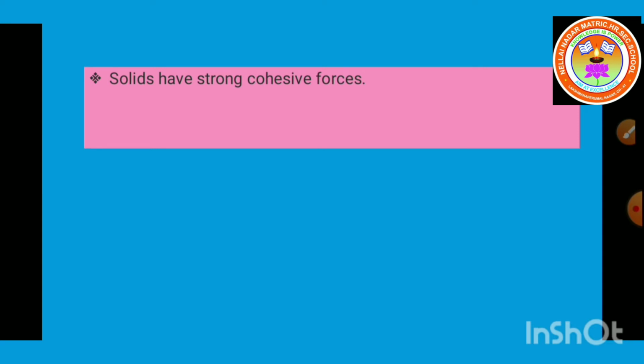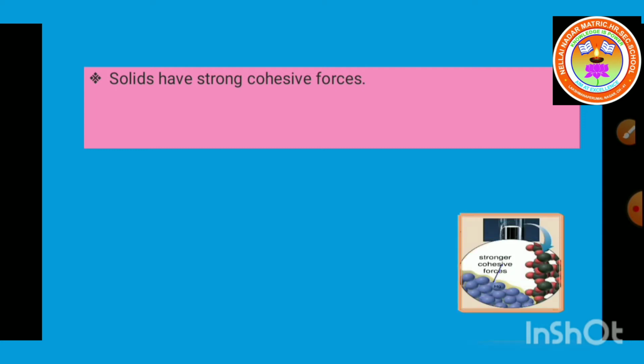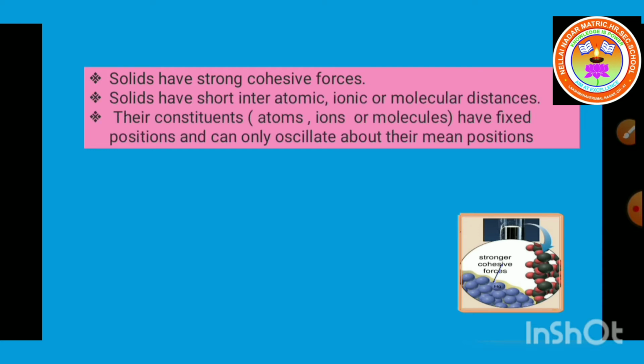Third point, see here, solids have strong cohesive forces. What is the meaning of cohesive forces? That is intermolecular attraction between like molecules. The fourth point in the characteristics of solids is that solids have short interatomic, ionic or molecular distances.